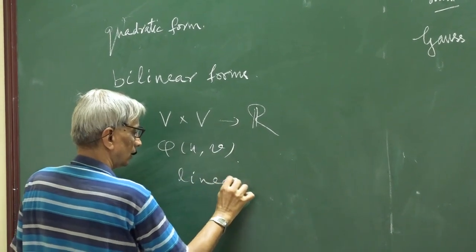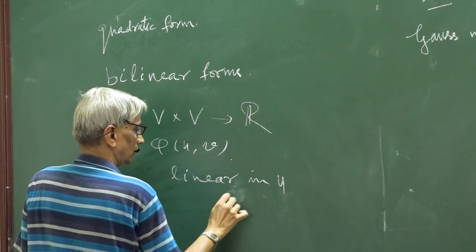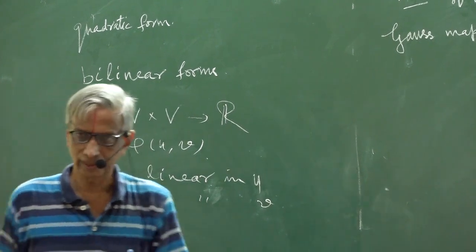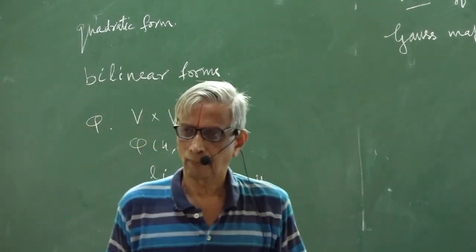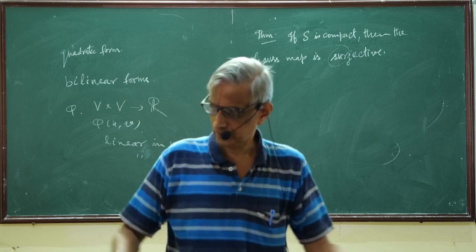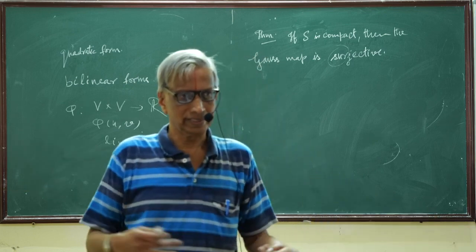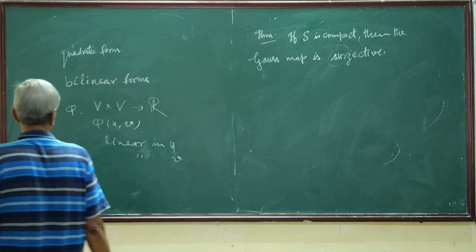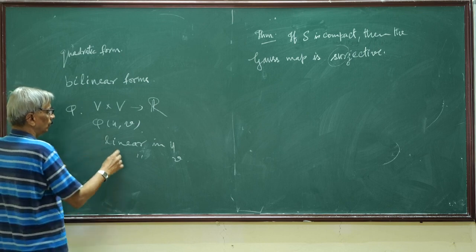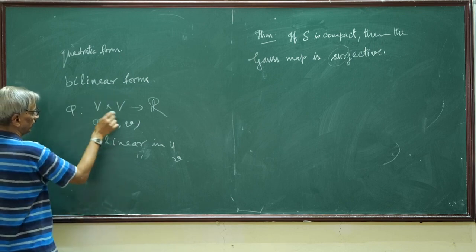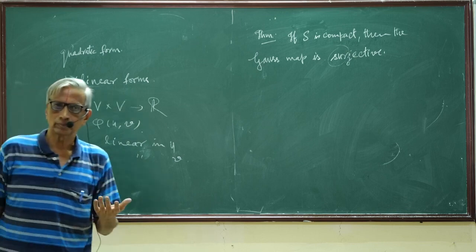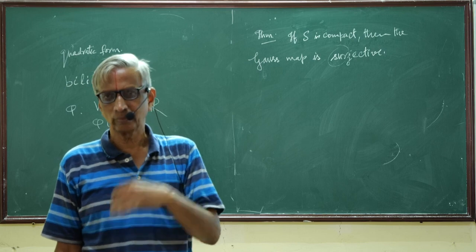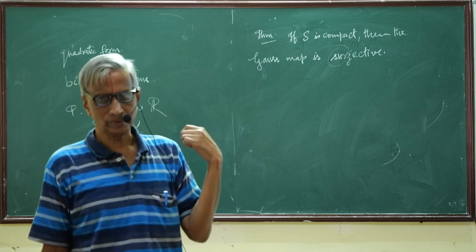Linear in U, linear in V. So linear in each variable there, then you call it bilinear. Of course, you can have more than two: trilinear, in general multilinear. Okay? So this is a bilinear form. A form always refers to scalar valued maps. So a bilinear scalar valued map. That's all this means.